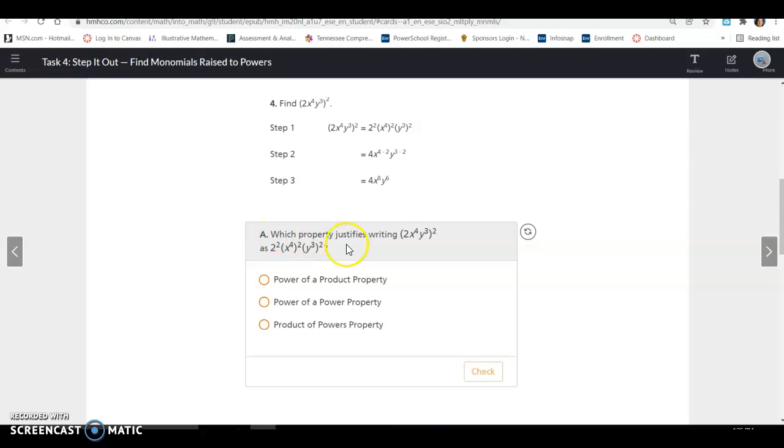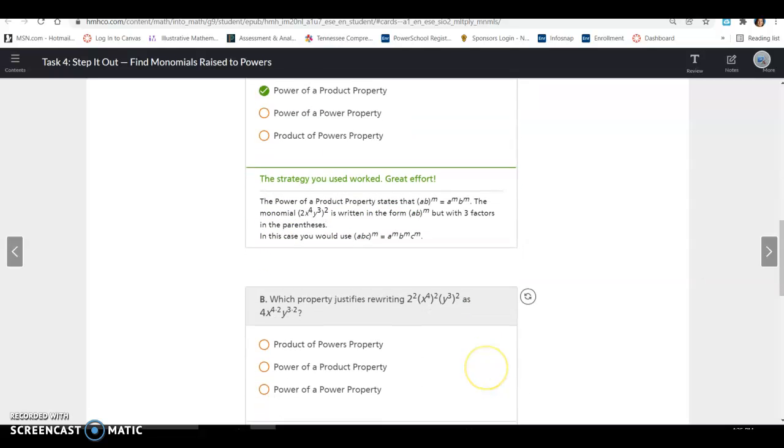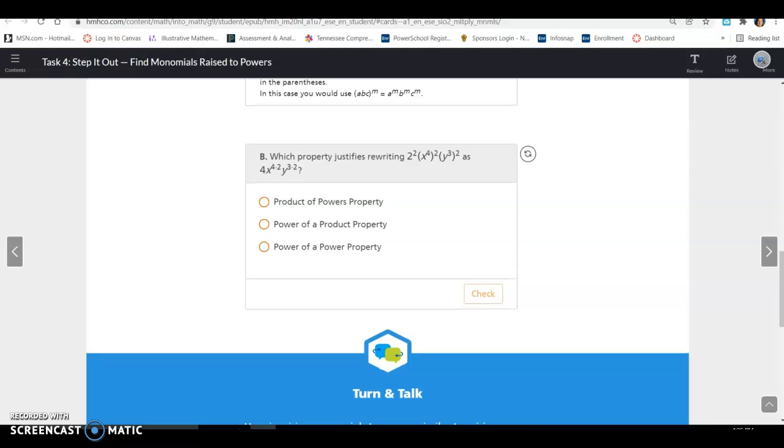So it says, which property justifies writing 2x to the 4th y cubed squared as each thing squared? Alright, so that is the power of a product property. Okay, so it's a power of a product. Remember, product just means multiplication. Those things are multiplied and all raised to a power.